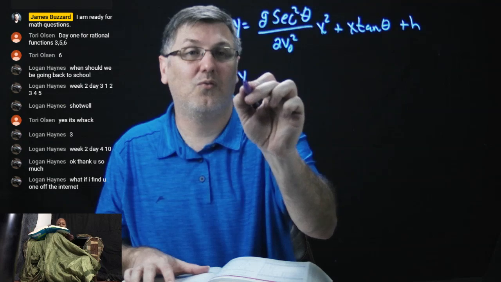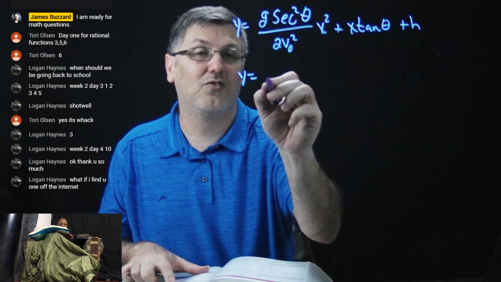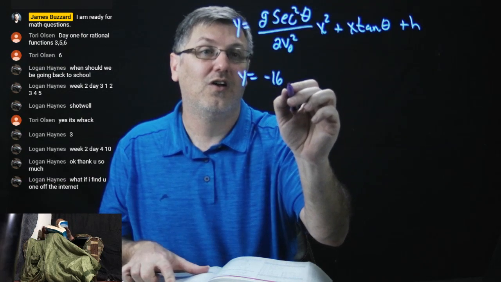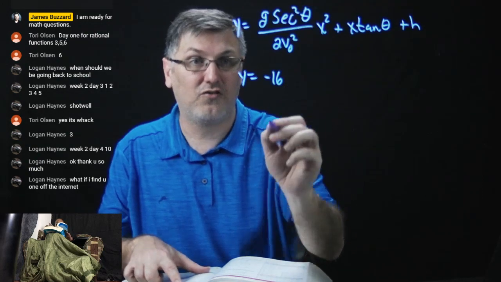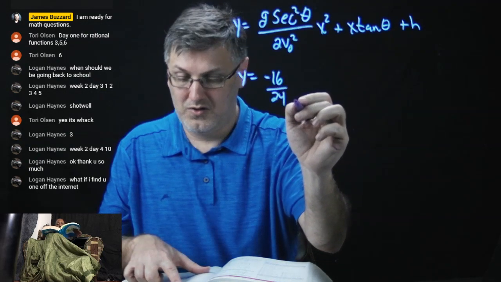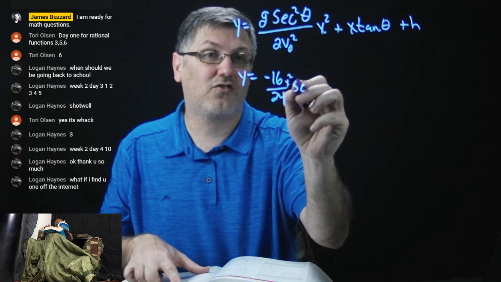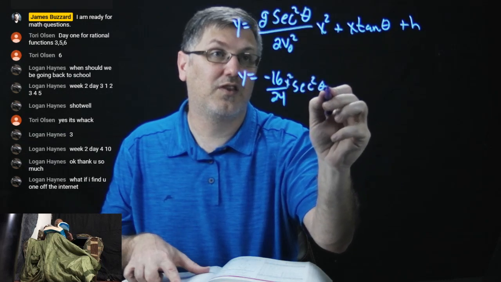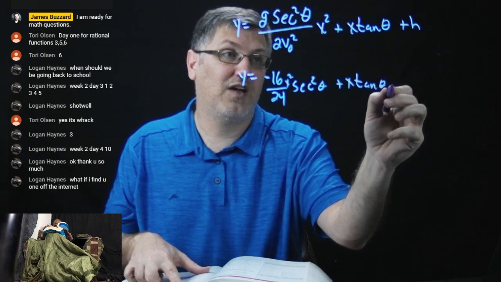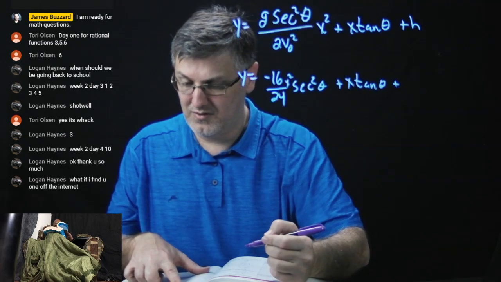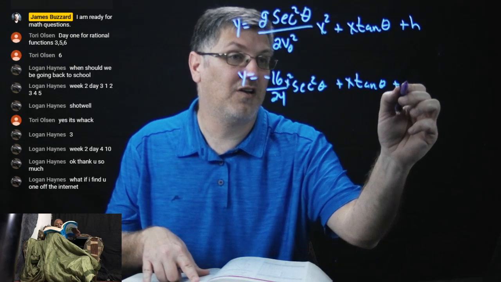So it tells me my gravity is negative 32 divided by 2, so I'm going to have negative 16. Then it tells me my v naught is 24, over x squared secant squared theta plus x tangent theta, and my h is 9.